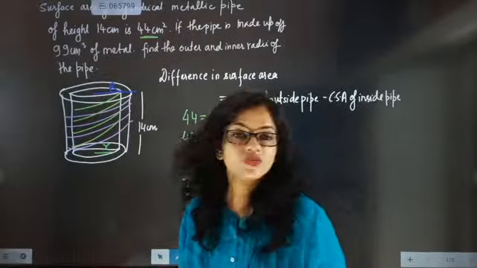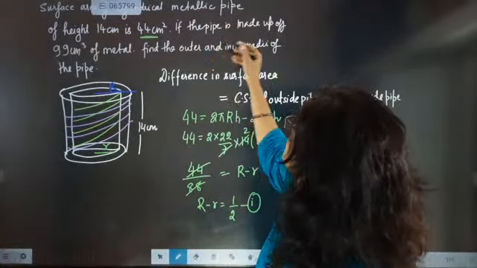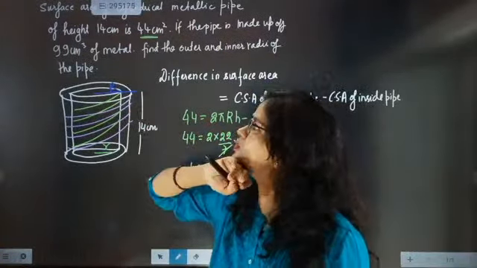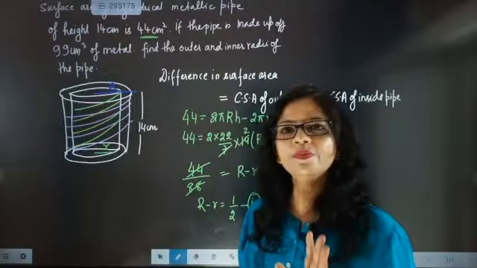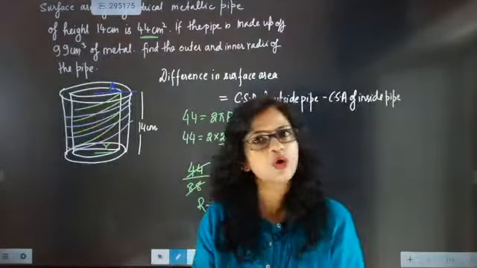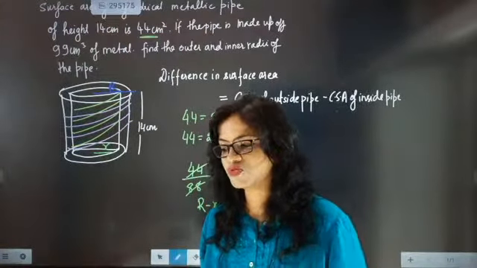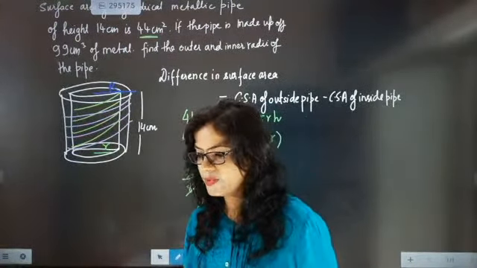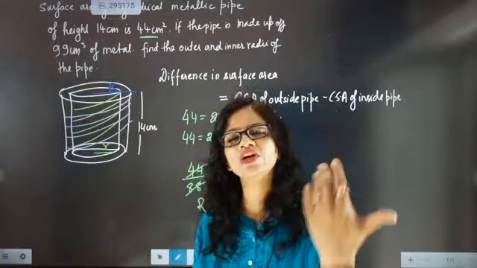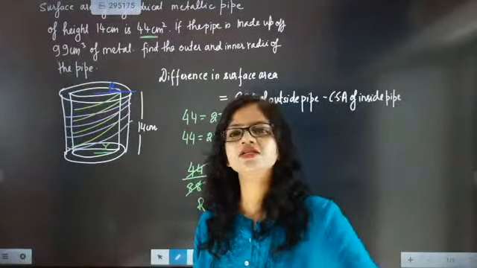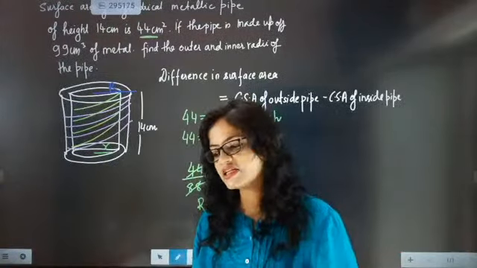So now next what they are telling is that the pipe is made up of 99 cubic centimeter of metal. So 100% the pipe is a hollow pipe now. So that means volume will be what? For such a figure, volume will be outside volume minus inside volume.